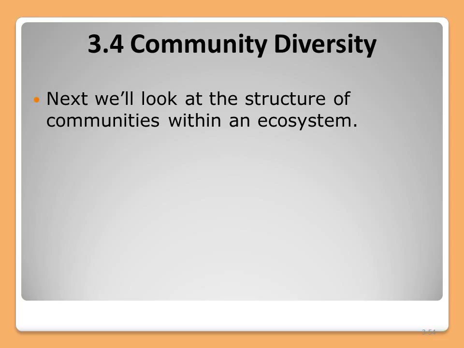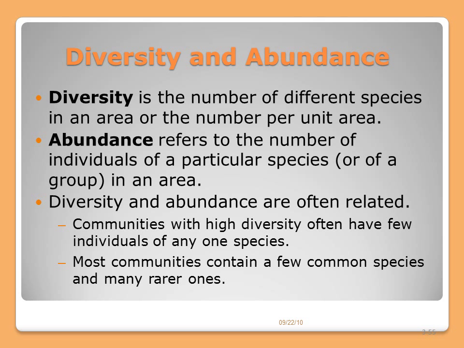Next here, we're going to look at community diversity and the different structures of communities that we see within an ecosystem. When we talk about diversity within a community, we're referring to the number of different species that are in that area, so the number of different species per unit.